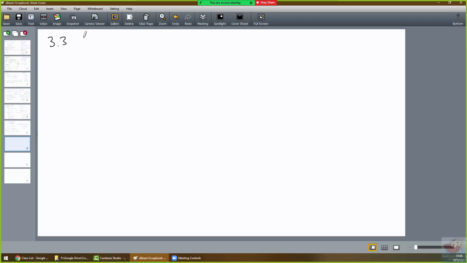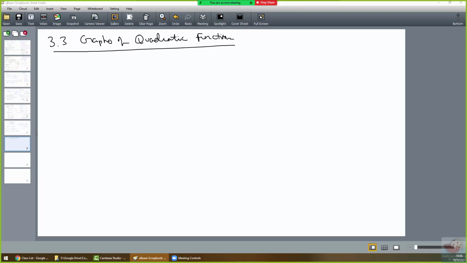3.3 is graphs of quadratic functions. Pretend that's actually what that says. Okay.